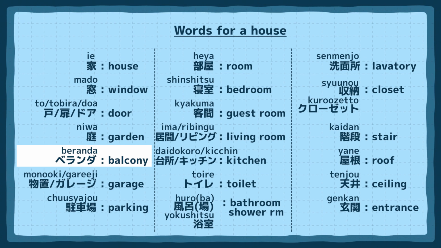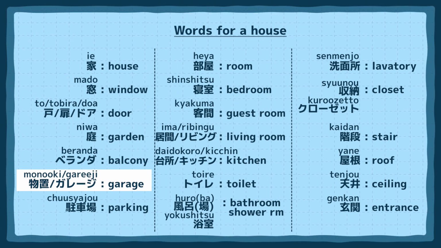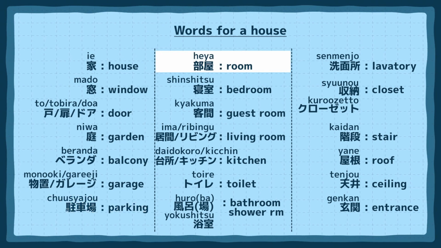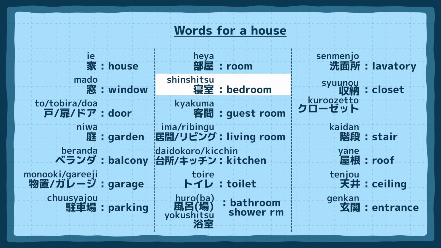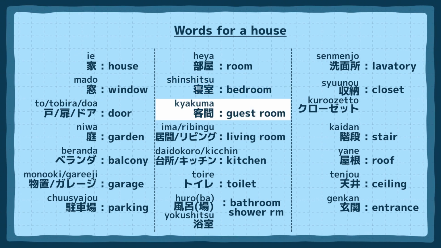Garage, 物置, we also say ガレージ. Parking spot, 駐車場. Room, 部屋. Bedroom, 寝室. Guest room, 客間.